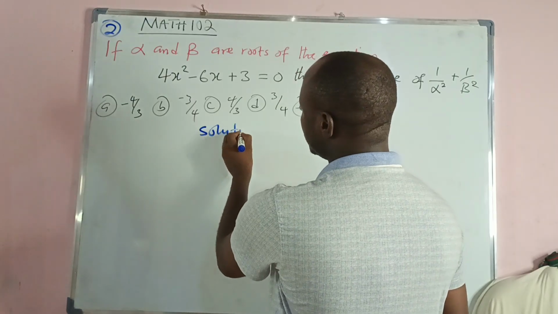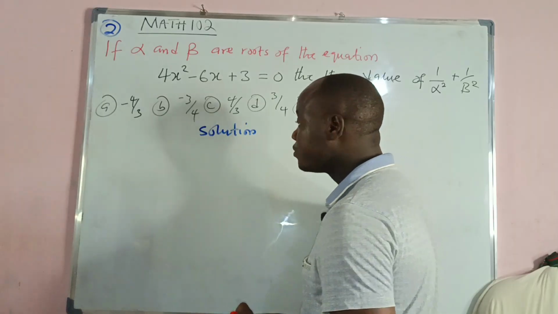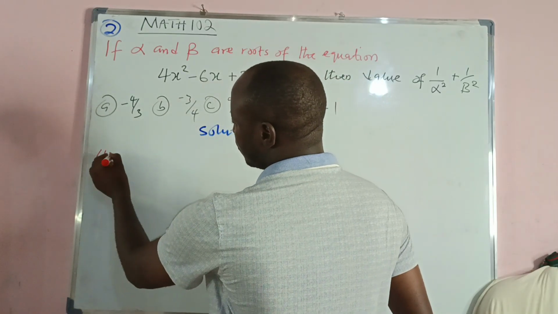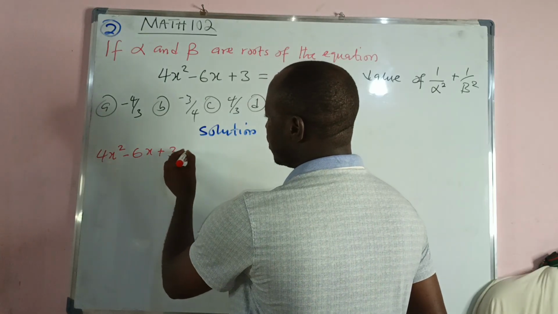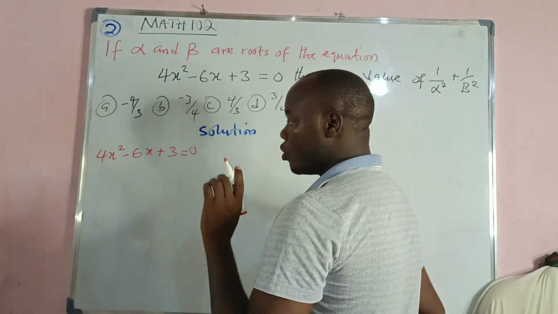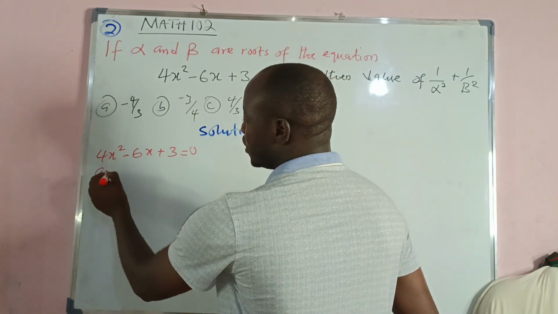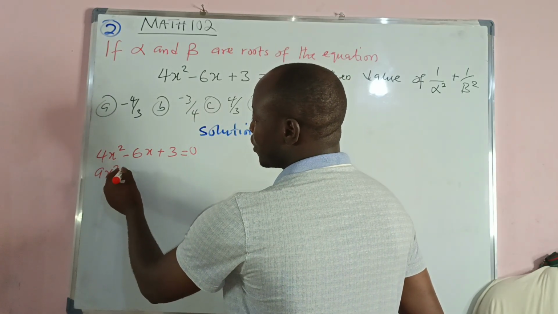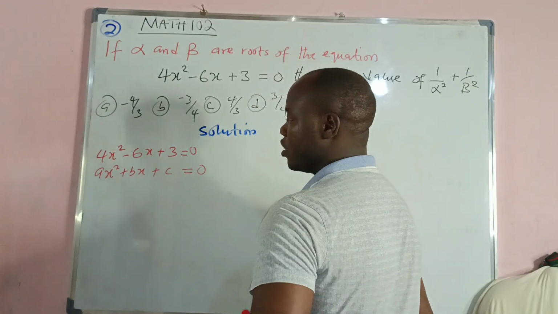So I think, ladies and gentlemen, solution. The first thing to do, we need to bring down our equation: 4x squared minus 6x plus 3 is equal to 0. And we know that the quadratic equation is ax squared plus bx plus c is equal to 0.